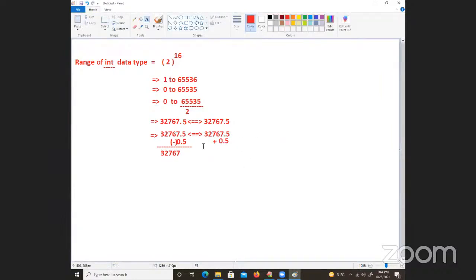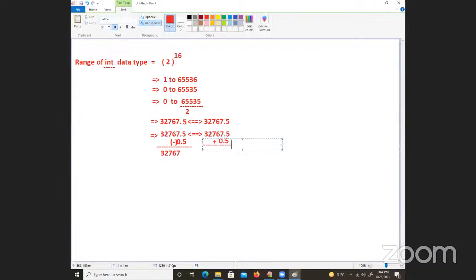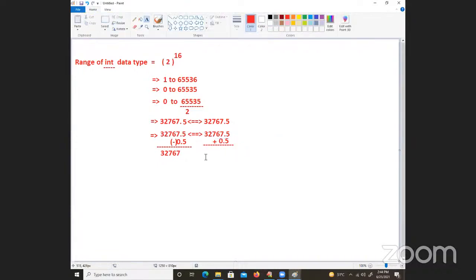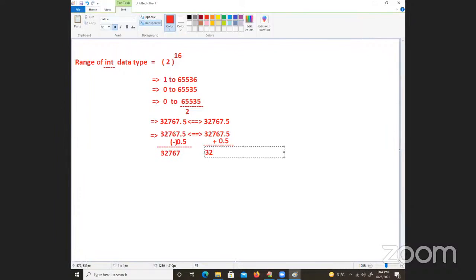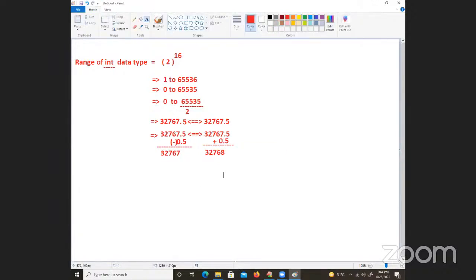Once it is done, we are going to get the result 32,768. 32,767 and this 0.5 is added, it becomes 768. If I add both of these values, it is going to become 65,535 only.